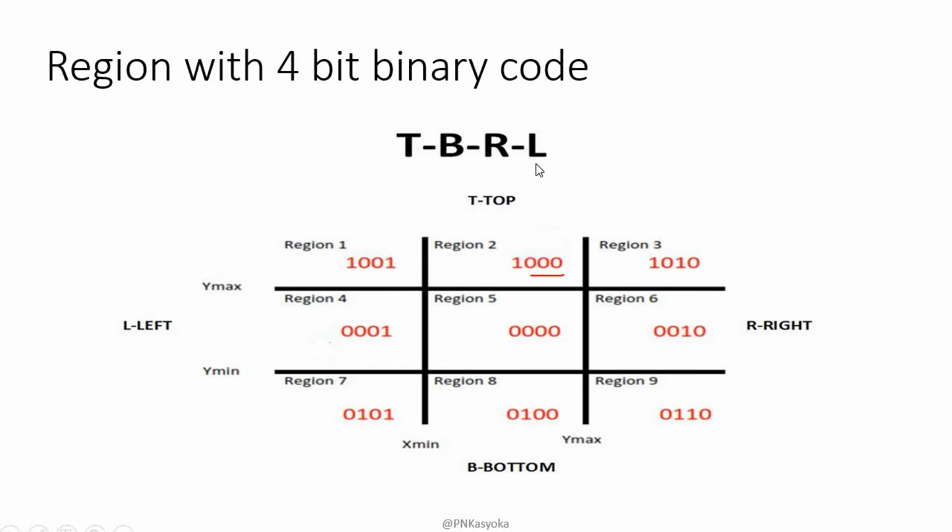Is it on the left side? Yes, it is, and therefore we assign a 1. Region number 2 is only at the top. It is not at the bottom, not at the right, not at the left, and therefore we assign a 1 for the top, and the rest is 0. This is the area of interest, region number 5, and it is assigned the 4-bit code 0000.